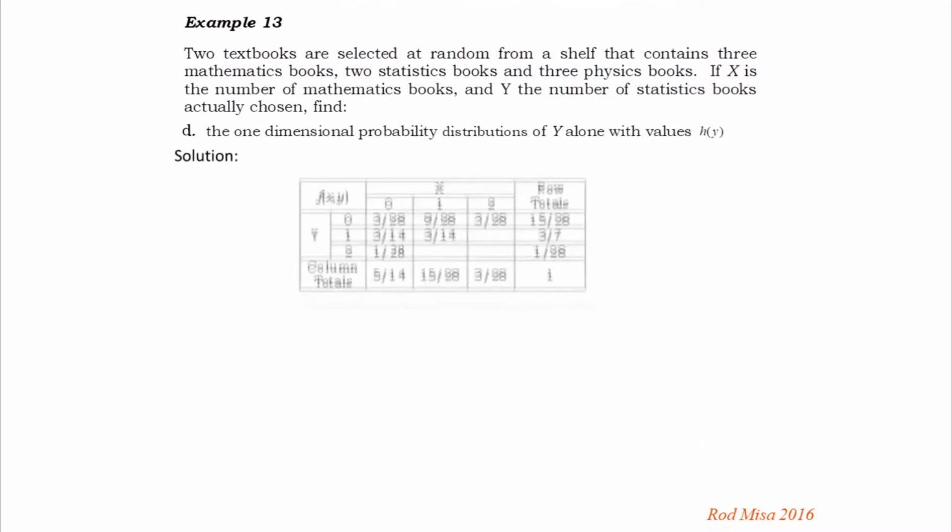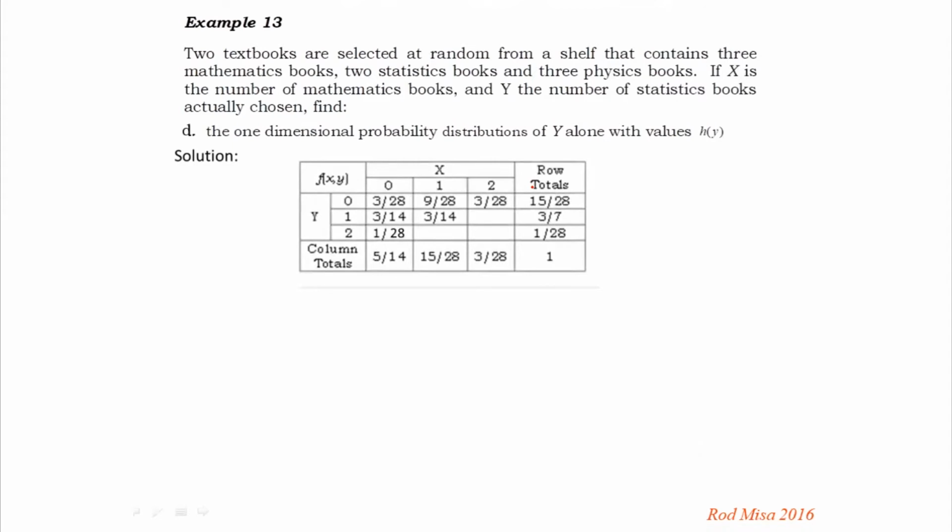Now, let's proceed to our fourth question. Find the one-dimensional probability distribution of y alone, with values h of y. So showing our probability table, we have to solve our h of 0.